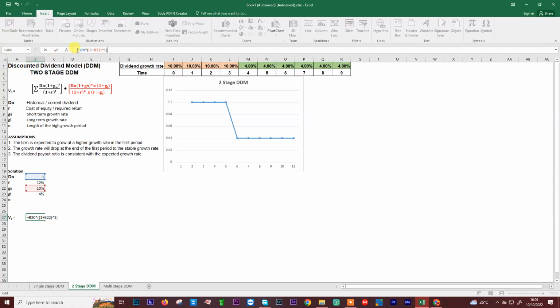And because we need to open the brackets right here so that we can discount, divided by, open the brackets, 1 plus R, close the brackets, then we close the brackets again.